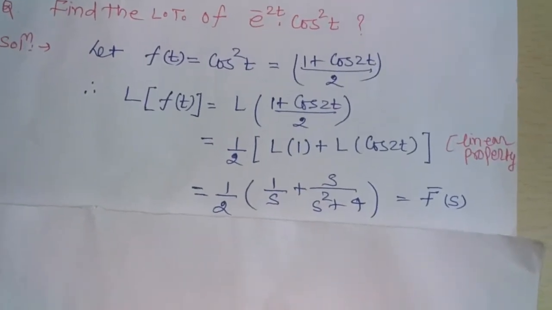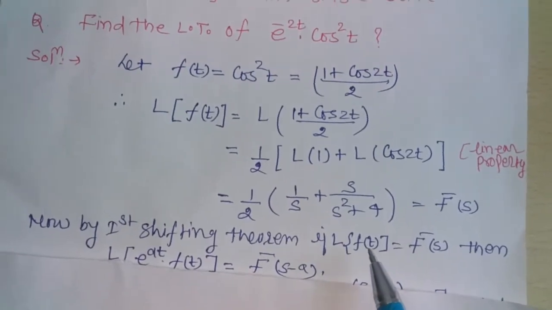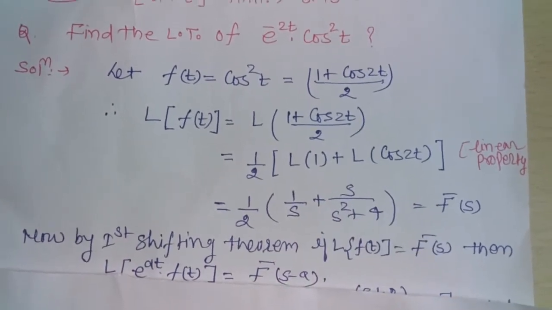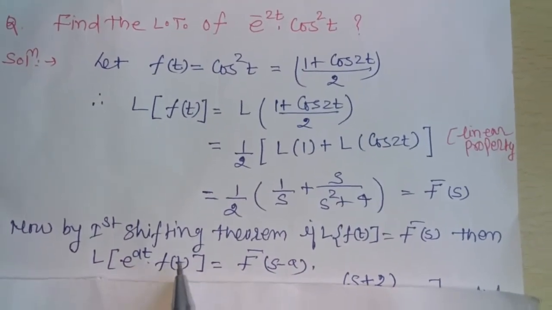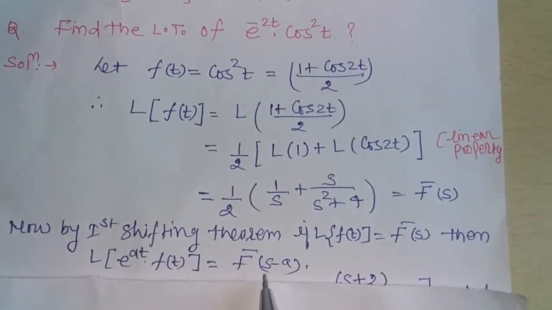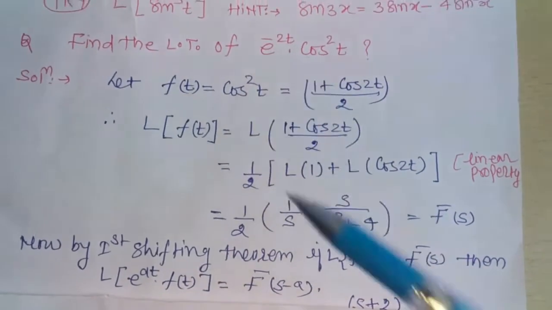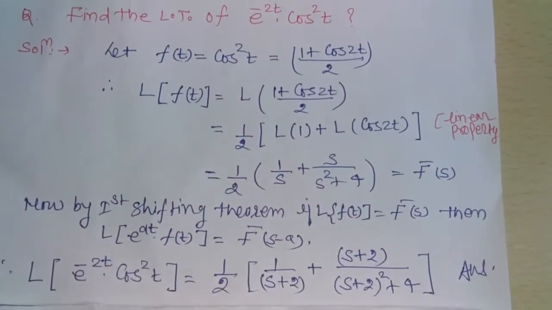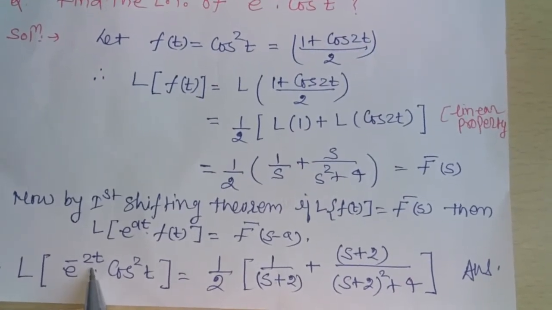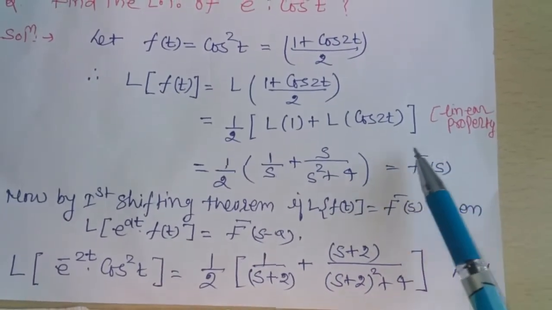Now apply the first shifting theorem, that is if Laplace transform of f(t) is f bar s, then Laplace transform of e power at into f(t) is f bar of s minus a. So here f(t) is cos square t multiplied by e raised to 2t. Therefore, using the first shifting theorem, Laplace transform of e raised to 2t into cos square t is f bar of s minus a.